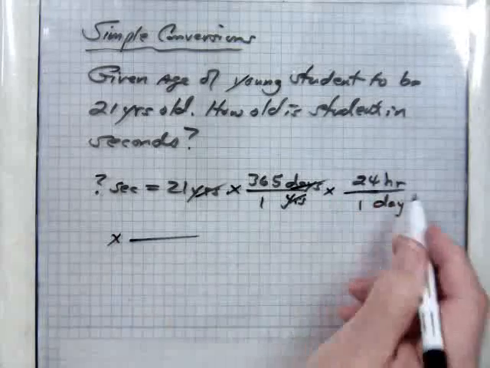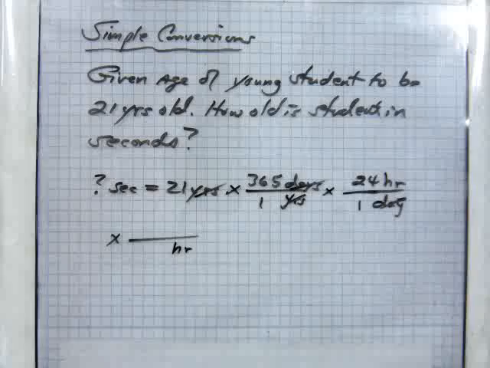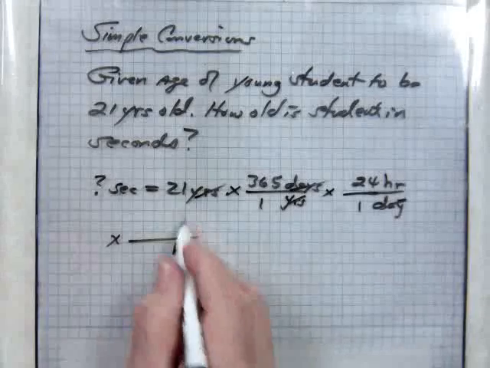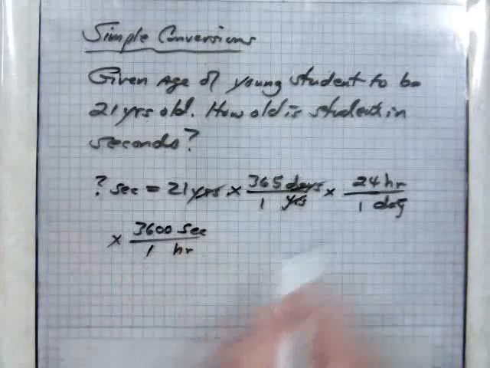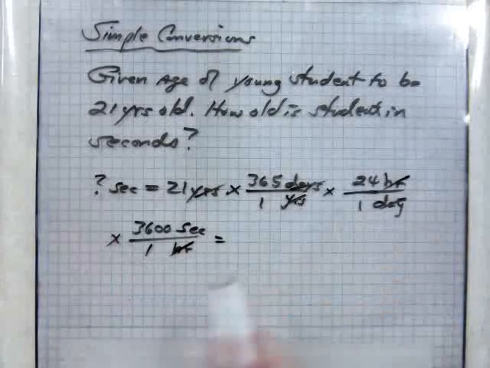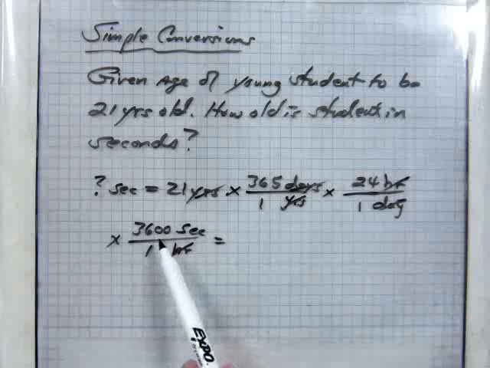We've gotten rid of days now. We're in hours. So we can go hours. Now, I do know the seconds hour relationship. There's 3,600 seconds in an hour, and so I can cancel that out. And the idea is 60 times 60 is 3,600.